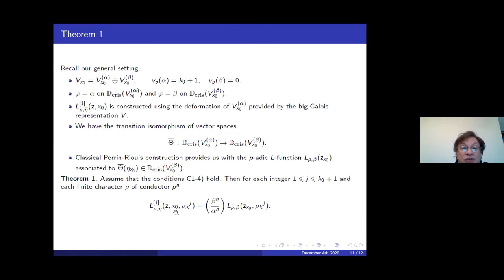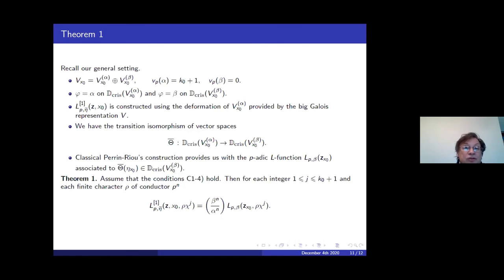It is related to special values of a P-Adic L-function arising from another eigenvalue of Frobenius. So the proof is an application of the transition isomorphism together with some work with Perrin-Riou exponentials. What can we deduce now from this theorem?